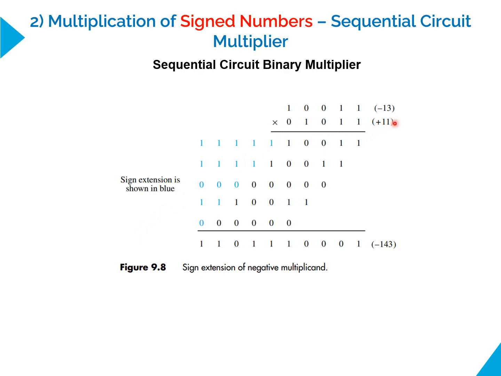But if you have a negative multiplier or multiplicand, then when the numbers are negative, the sign extension should be ones. So that is the difficulty in the sequential multiplier. To overcome that, we'll see Booth's multiplication in the next video.